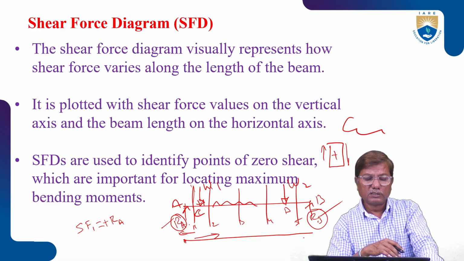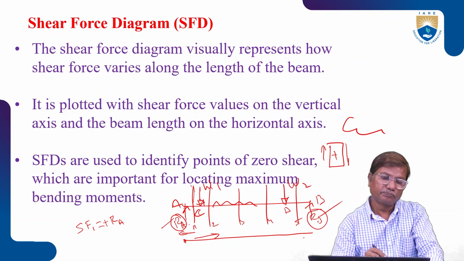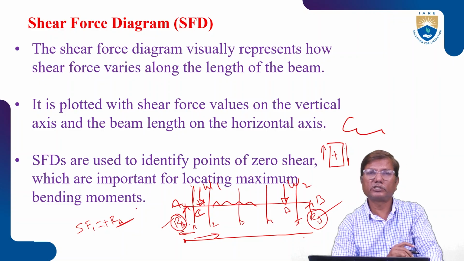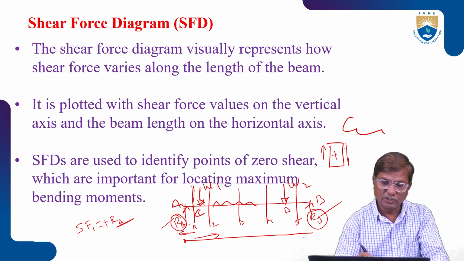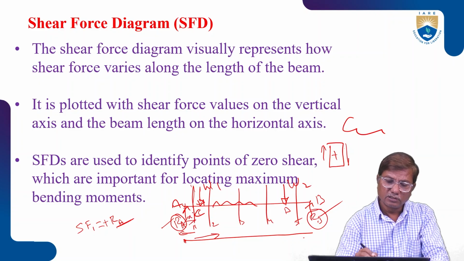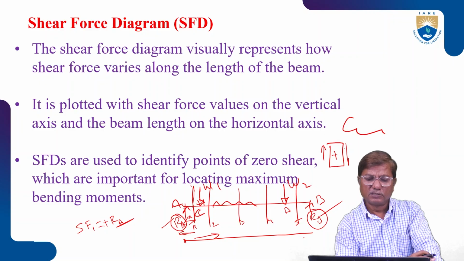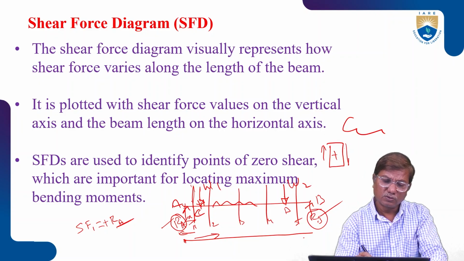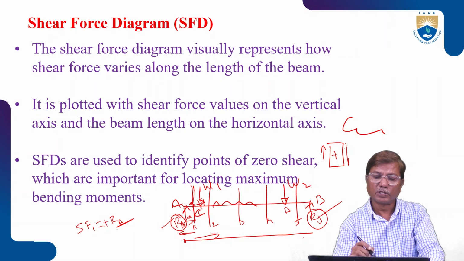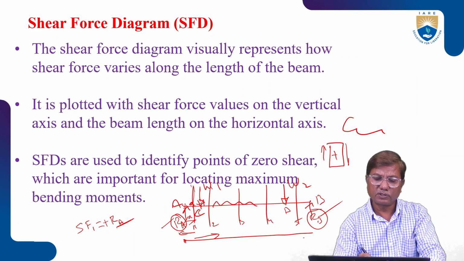If you observe, there is no force between A and C. That means the shear force between A and C is independent of the distance of the section. If the section is at a distance x, let this distance be a, small a, from A to C. Between A and C, x varies from 0 to a.